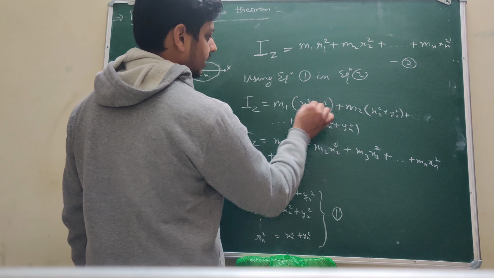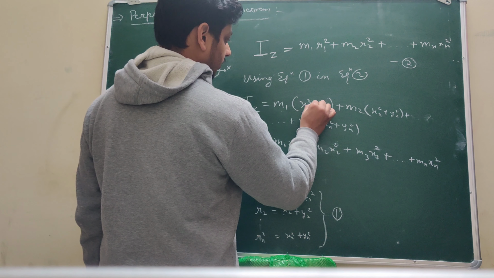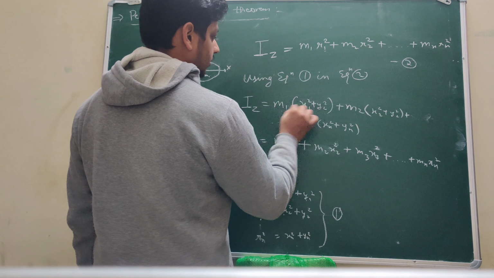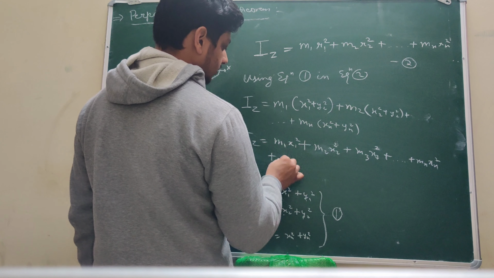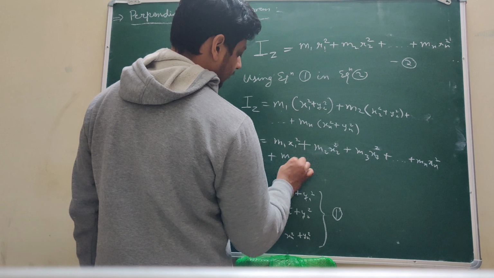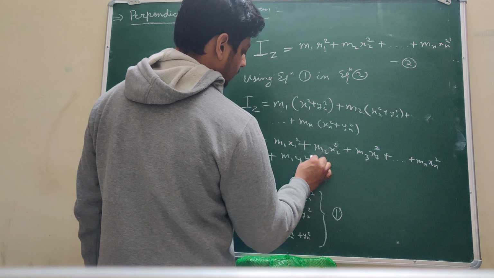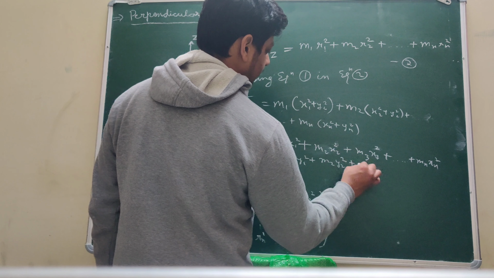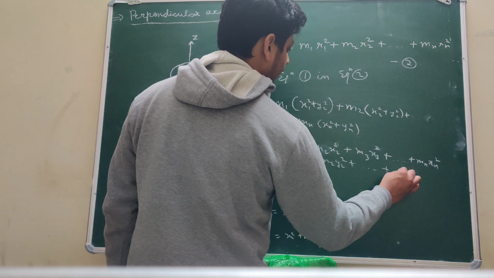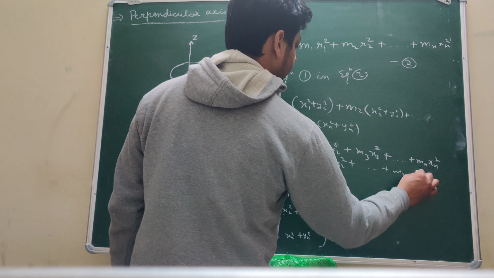And from the second part, from the y terms, from all the terms, m1 y1 square plus m2 y2 square plus up to mn yn square.